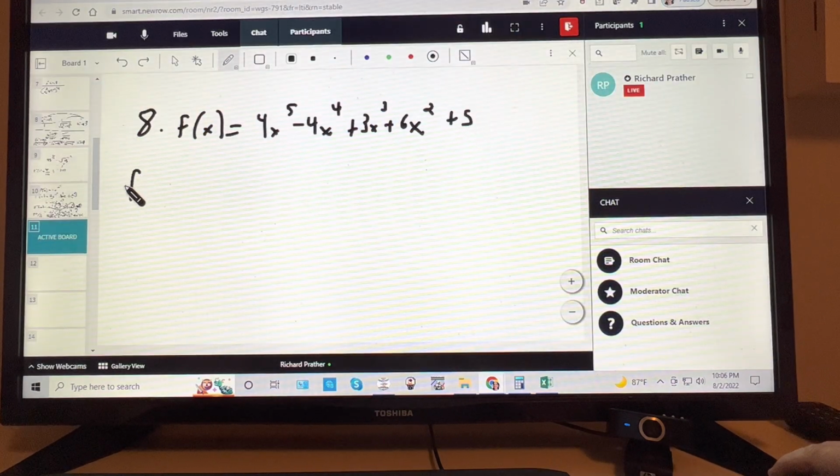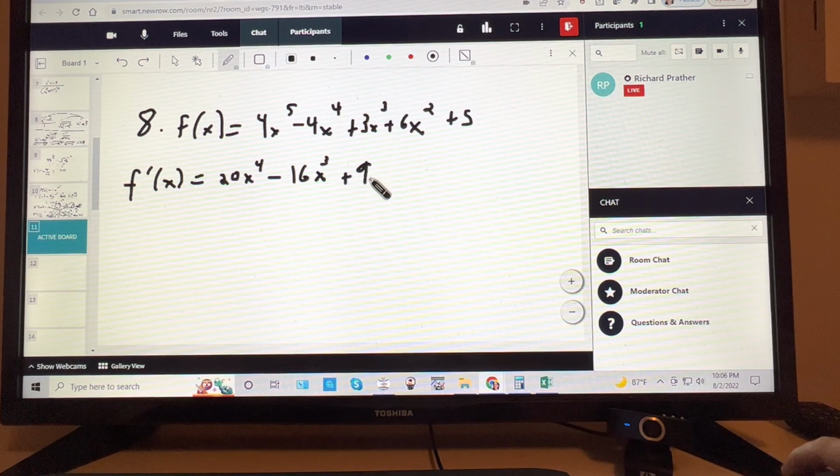So you've already seen you can do the first derivative. That's just term by term power rule. 20x to the 4th minus 16x to the 3rd plus 9x squared plus 12x, and the derivative of 5 is nothing.